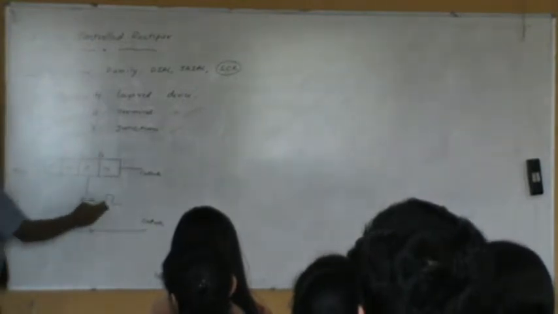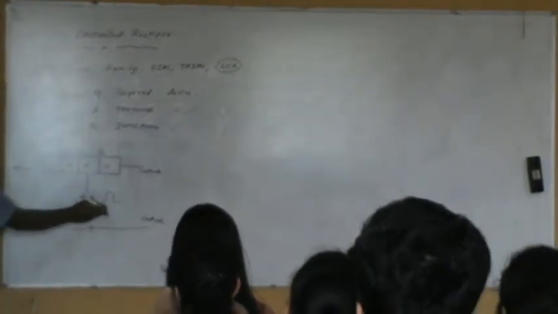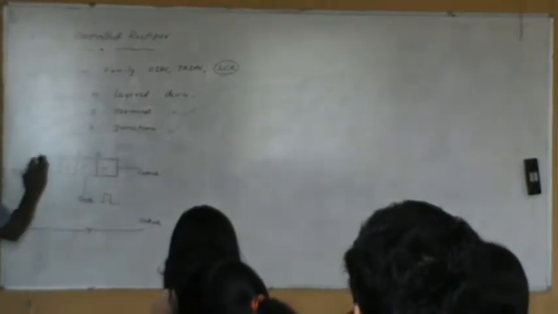For a short duration, if you apply it, what will happen to this device? This particular switch will get closed, and this will remain closed even if you remove the gate pulse. For an indefinite period, it will remain in the on state even after the gate pulse at the gate terminal is removed. How it maintains the on state in spite of the removal of the gate pulse, we will explain through the internal operation of this.